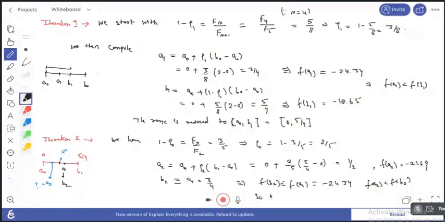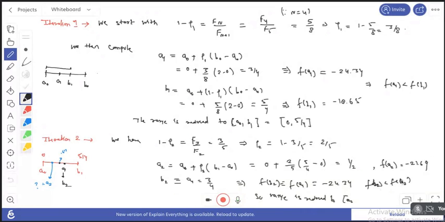Sorry, because this is minus 21 and this is minus 24, F of B2 is less than F of A2.